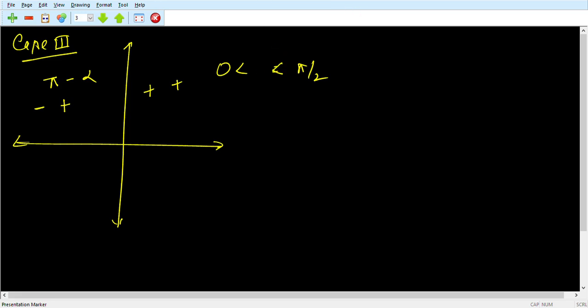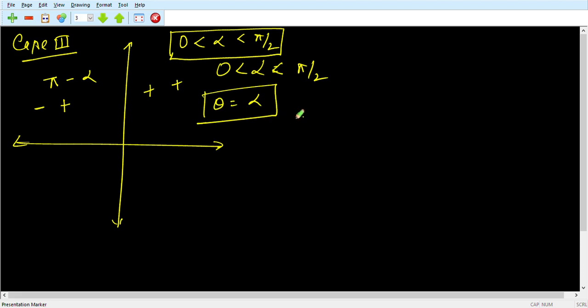Let us consider an angle alpha in such a way that alpha is always between 0 to pi by 2. So for the first quadrant, theta is equal to alpha itself.